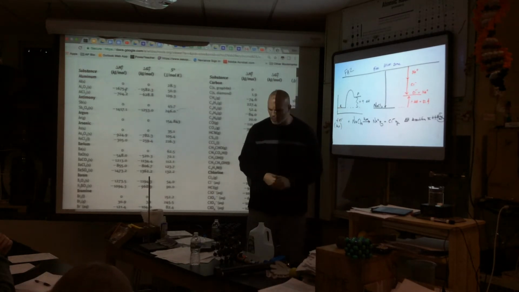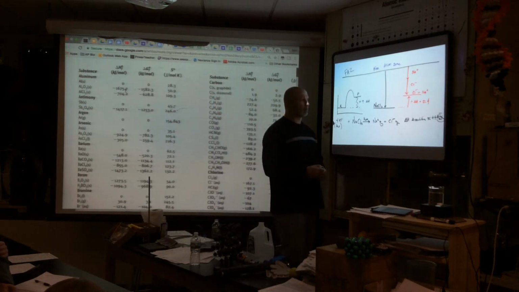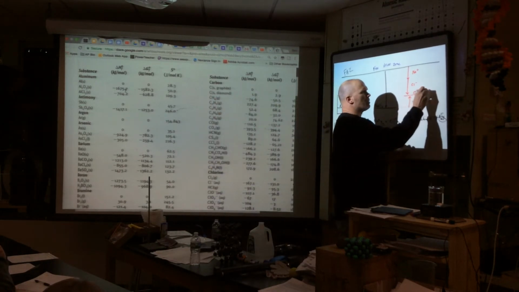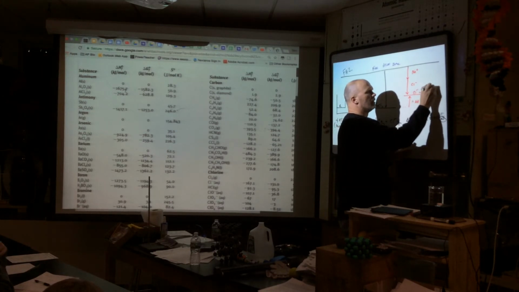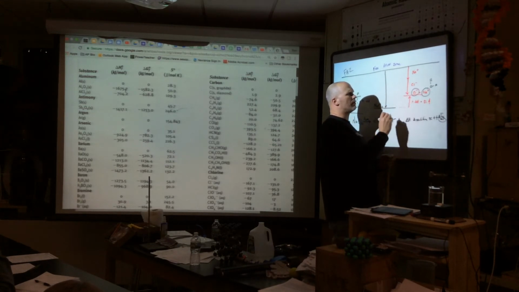What kind of attractive forces exist in dissolution, dissolving of a chemical? These sodium ions are going to be attracted by the what? The negative part of water, and it's going to completely surround them. The chloride ions are going to be completely surrounded by the what?